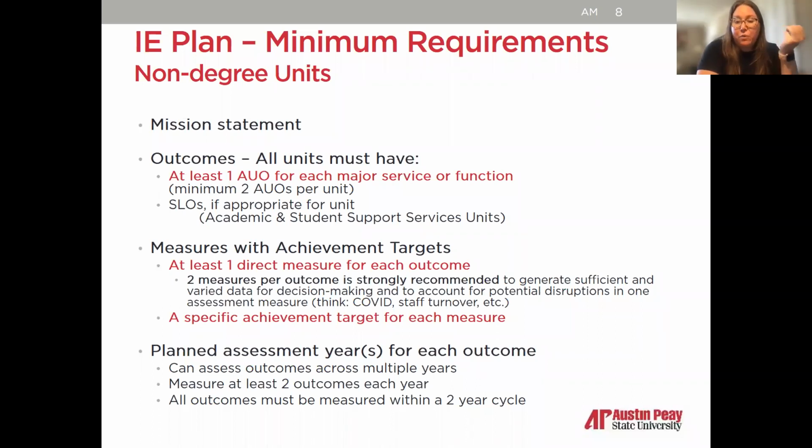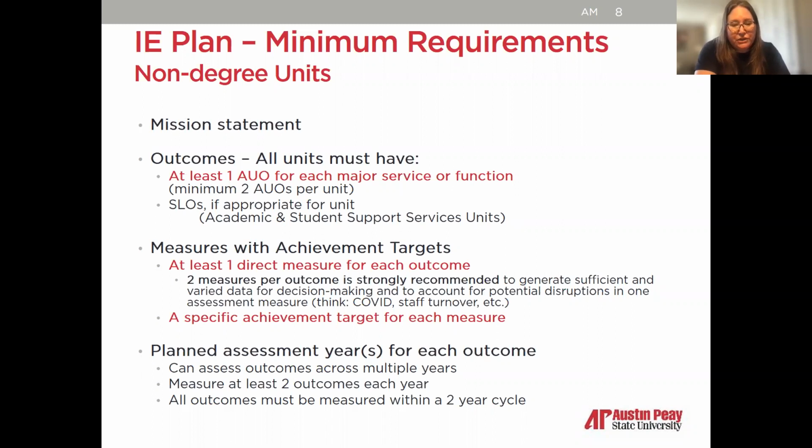However, that's not a requirement because we know that not every unit has the means to assess student learning or the contact with students or what have you. So if that is appropriate for you, though, you can certainly have an SLO as well.